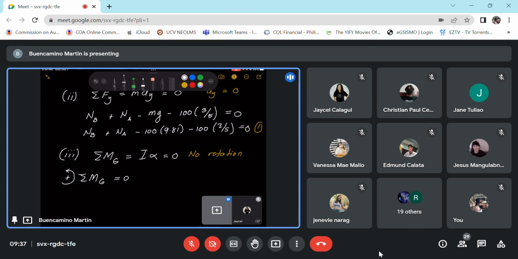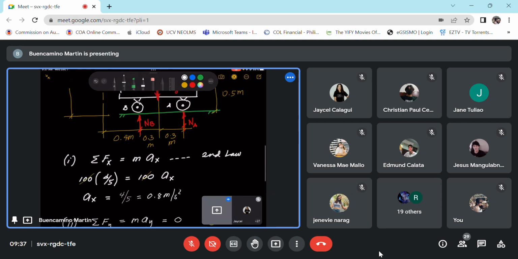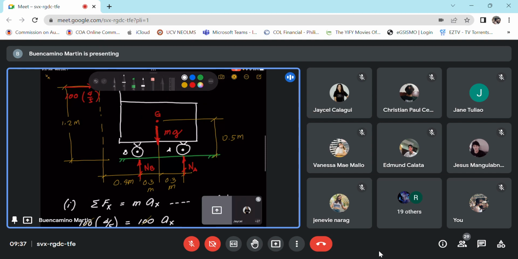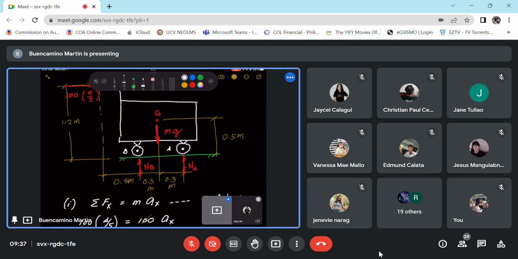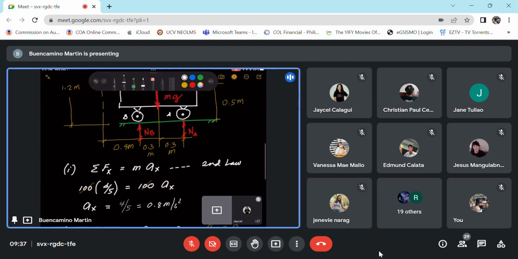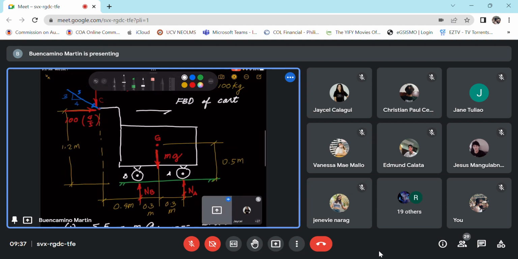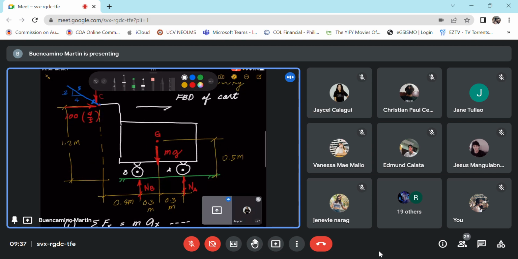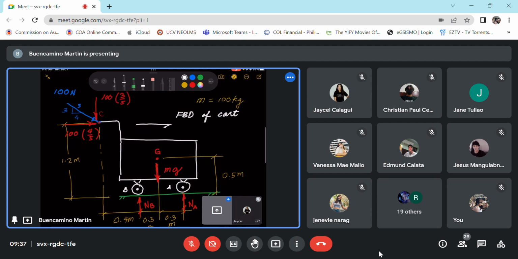Tandaan nyo yan, class, no rotation yan because we are just dealing with translation, no rotation. And so looking again at our free body diagram, G would be our moment center. And we can see, class, that there are several forces that will have moment about G.